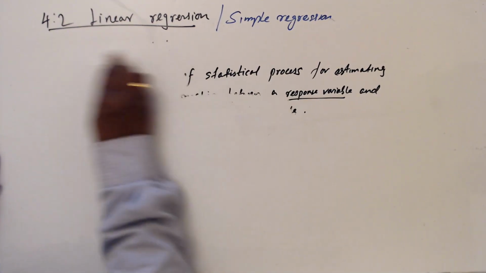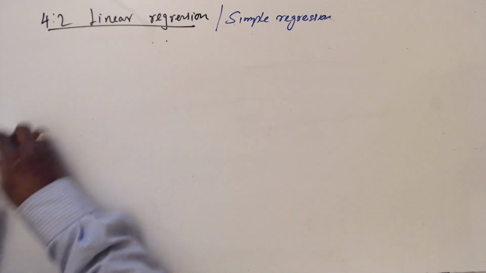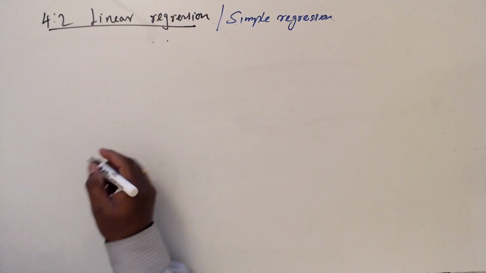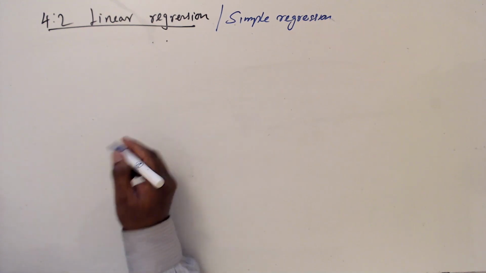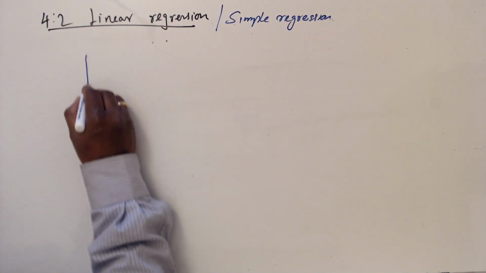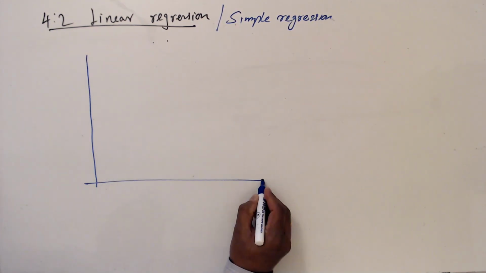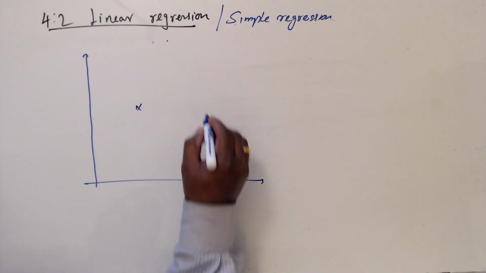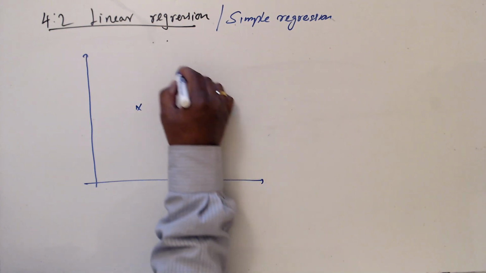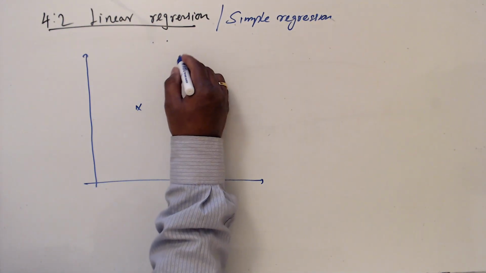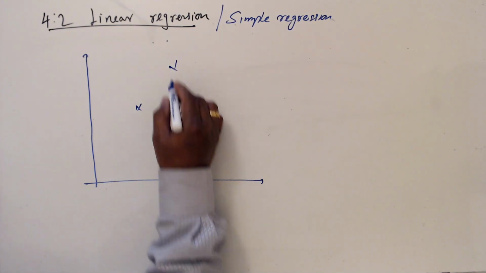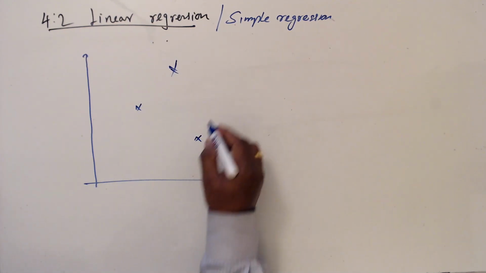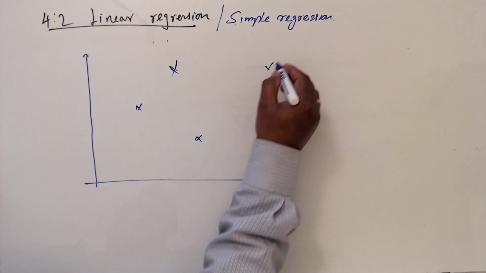So in a linear regression, we fit a line to a few data points. I will take only 3 at present, and okay, one more.